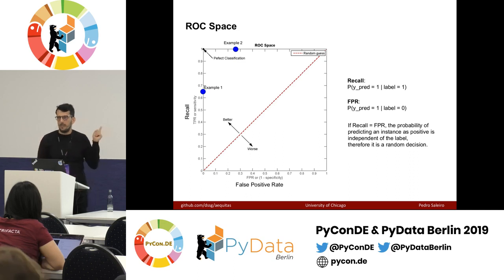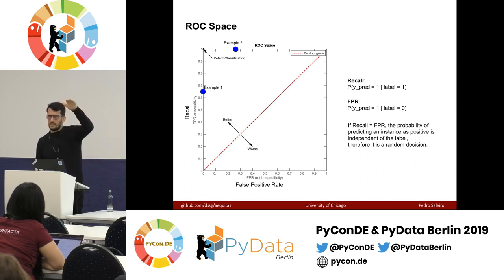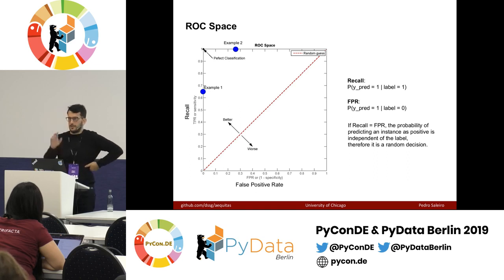But when we don't have balanced classes, as happens in decision making, where it is common to have fewer positive examples, what really means to be random is that your recall is equal to the false positive rate for any threshold that you define. It can be random for a specific threshold at 5, at 10, at 50. You always get on this line if the classifier is really random on the positive predictions.